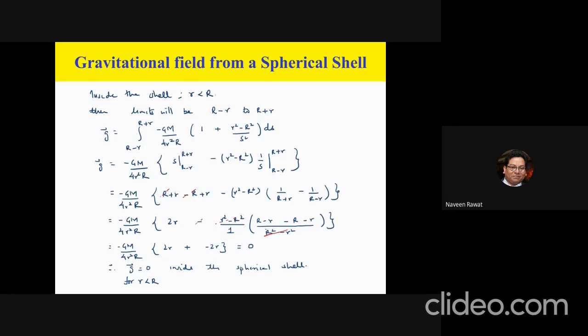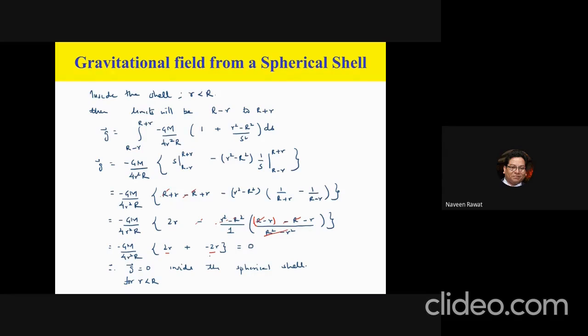Inside this LCM you have R minus r, that is your first term, and you have a minus, and you have R plus r, so you have minus R minus r. Again capital R will get cancelled, and you are getting minus 2 of small r. There you go. So you have plus 2r and minus 2r, so you are getting the value now as 0.